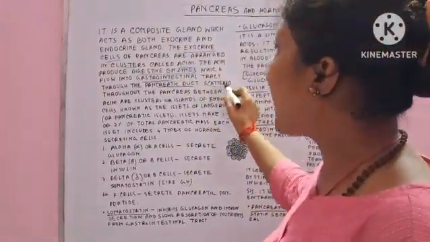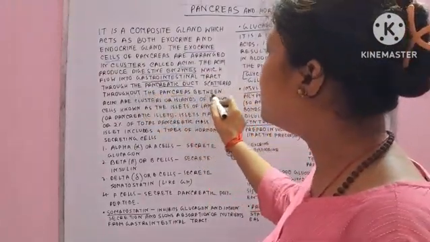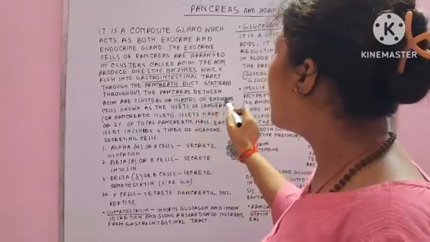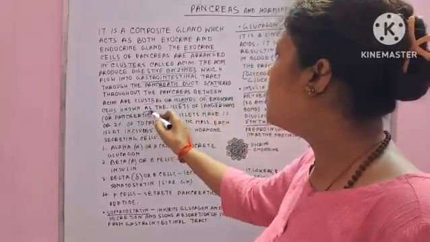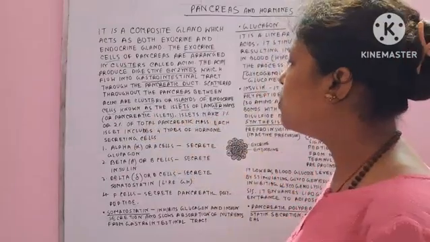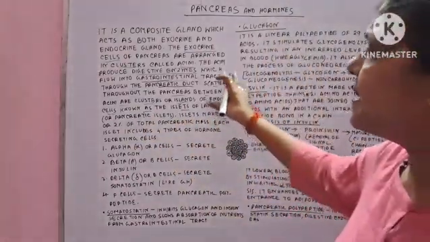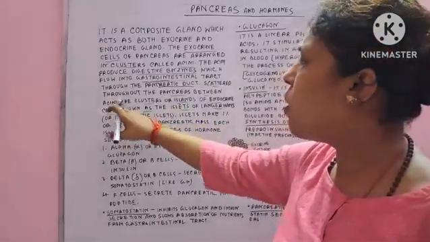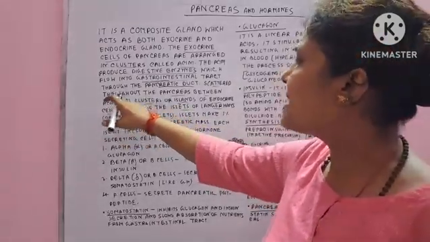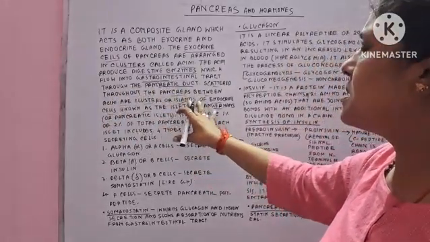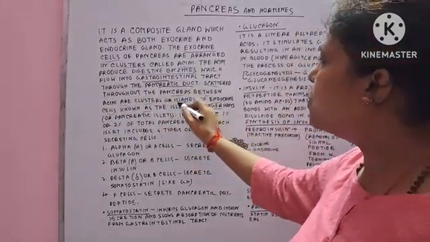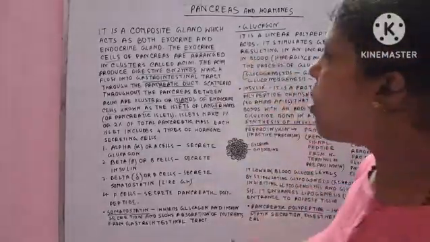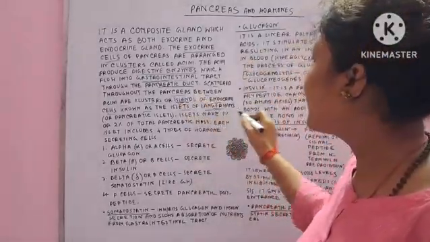Now, scattered throughout the pancreas between the acini are clusters or islets of endocrine cells, known as the islets of Langerhans. So between the acini there are some cells, and these cells are the endocrine cells, called the islets of Langerhans.